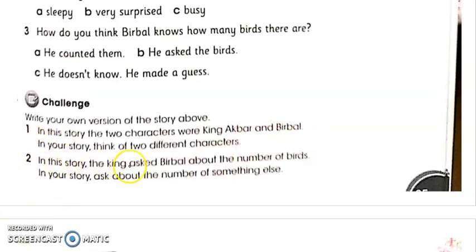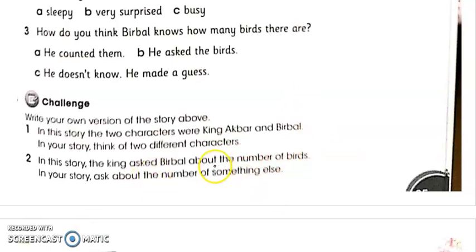In this story, the king asked Birbal about the number of birds. In your story, ask about the number of something else, any other thing like the number of monkeys or number of trees or number of people in a specific city.